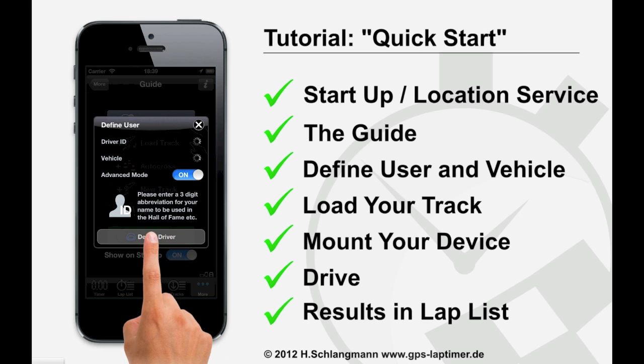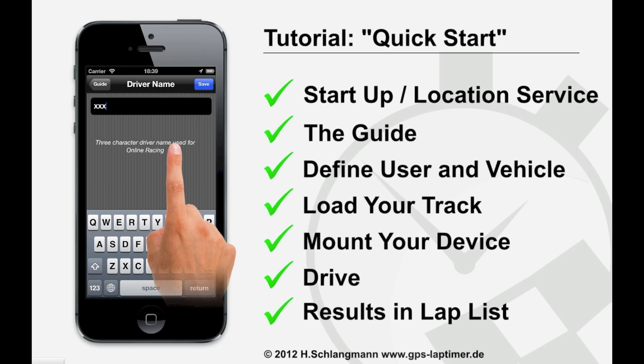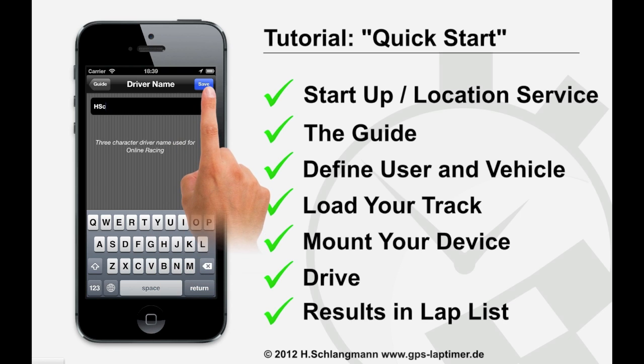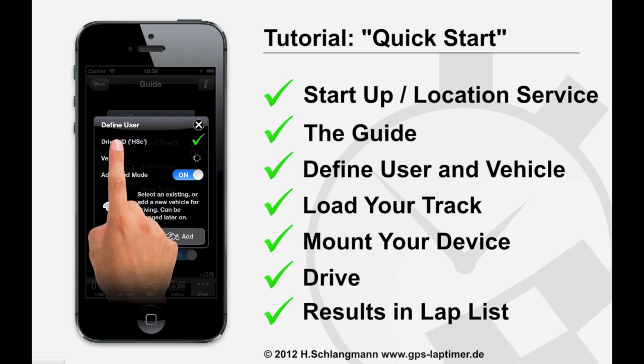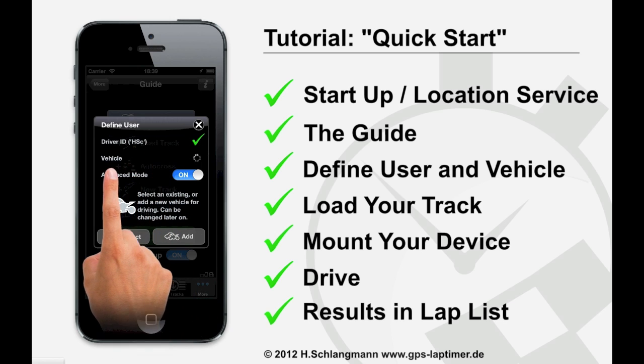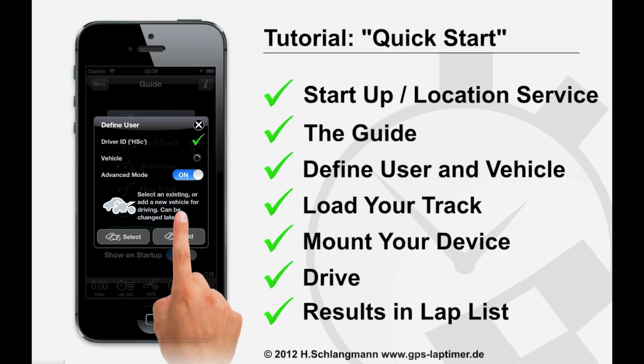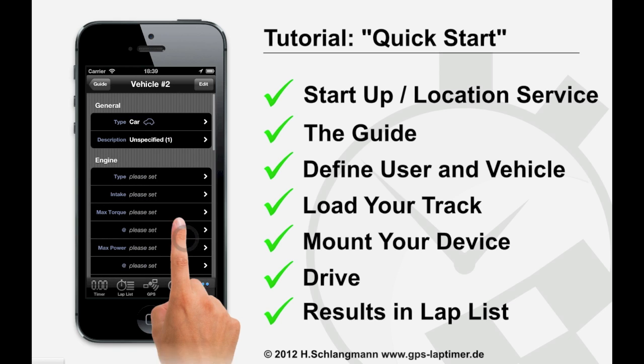So the first thing is we define a driver, and usually you take the initials, so say for example for myself, and save it. So we have the ID saved, and the next thing is we need a vehicle we're driving. Let's assume I have not set it up already. So I press add to add a new vehicle here.